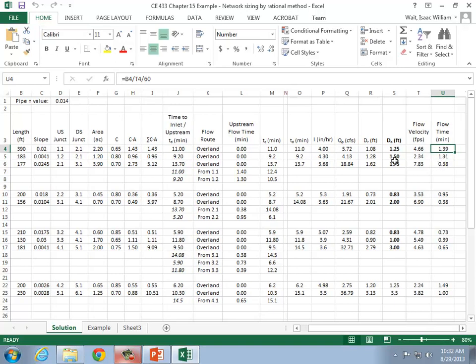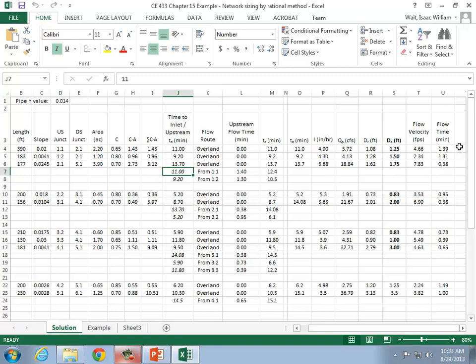Okay, so we can do that for all three of the pipes, and probably the hardest thing to keep track of is that there are three different times of concentration for pipe C. There's the time of concentration based on the overland flow route. There's the water coming via 1.1, which has 11 minutes at the surface, and then a travel time of 1.39.